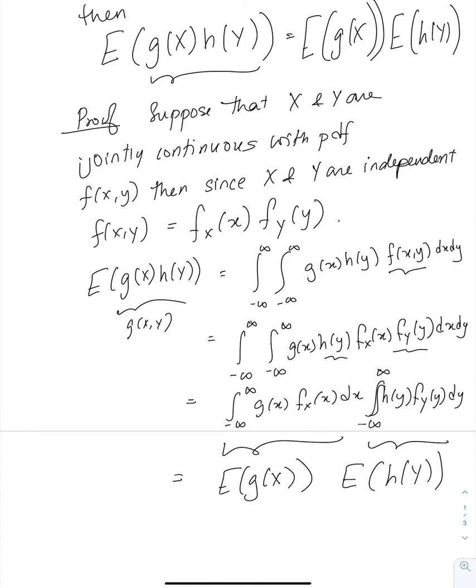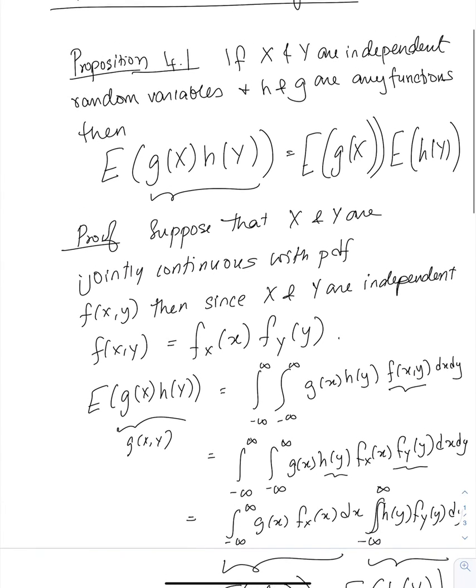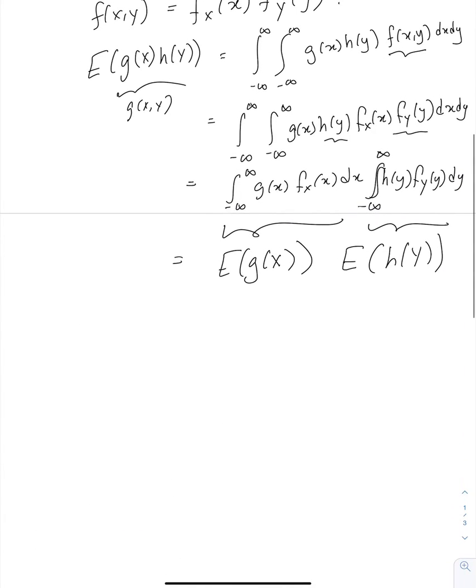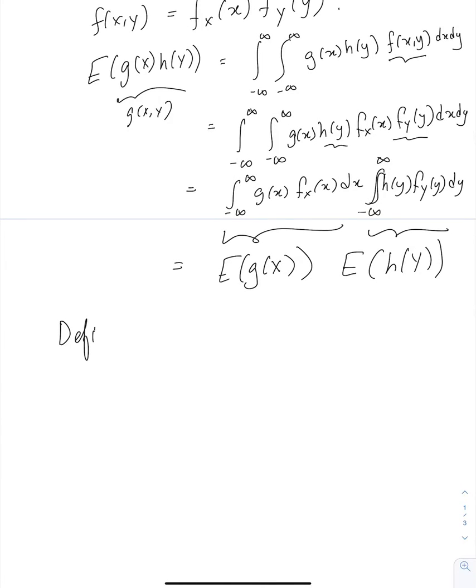Okay? All right. So let's move on to a big definition, and that is of the covariance. The covariance of two random variables is playing the role of what the variance did in the single variable case.